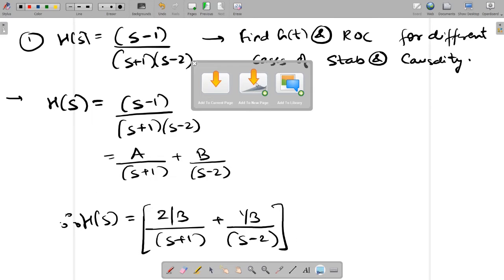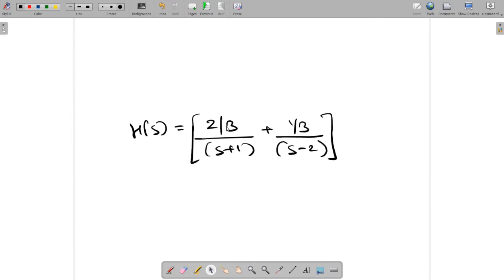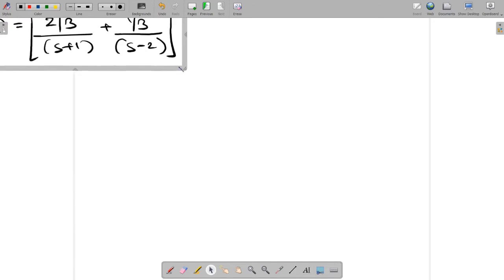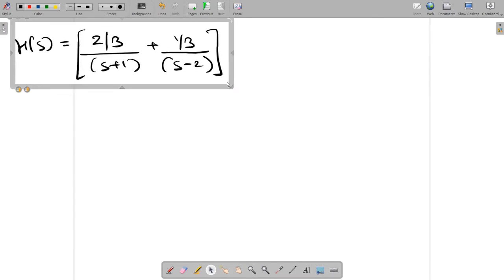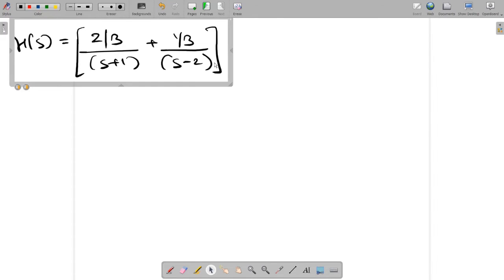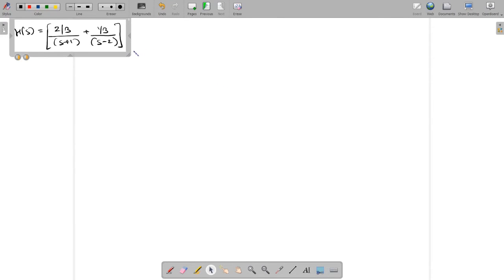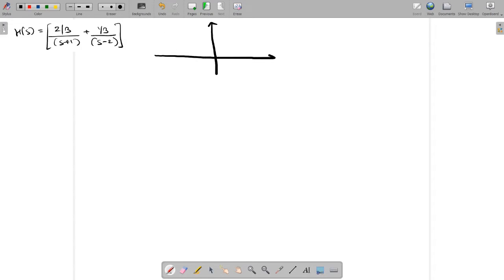We just copy this and put it in the new page. Okay, let me draw the pole-zero plot for this, please. The poles are at -1 and +2. Fine. Sigma j omega, s plane.